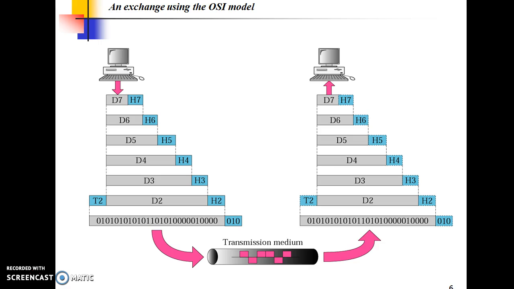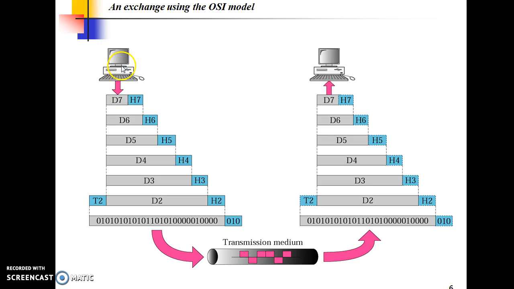Now we will see what happens here. Assume that these two machines want to establish communication. This one will act as source and this one will act as destination. It means data has to flow from this machine to this machine. So here D7 means data of the 7th layer, that is the application layer.